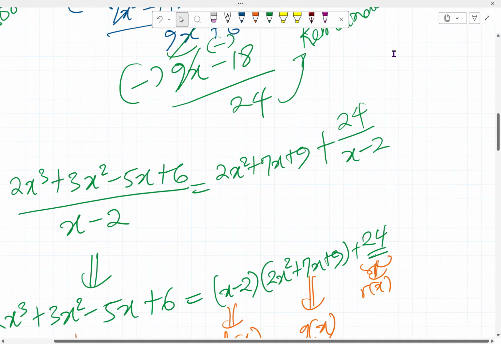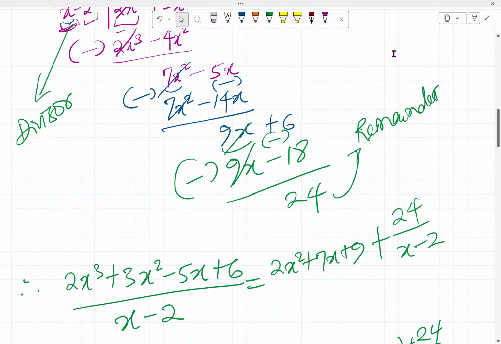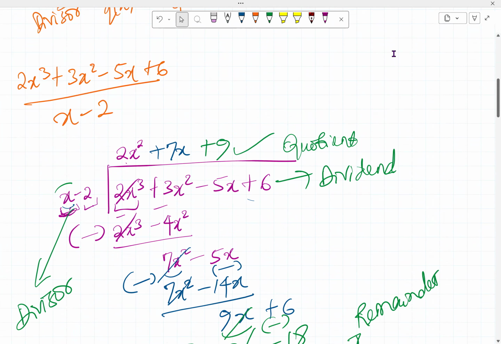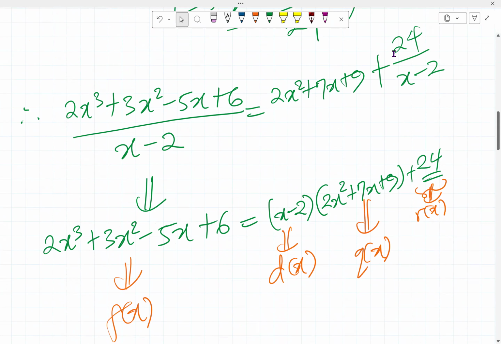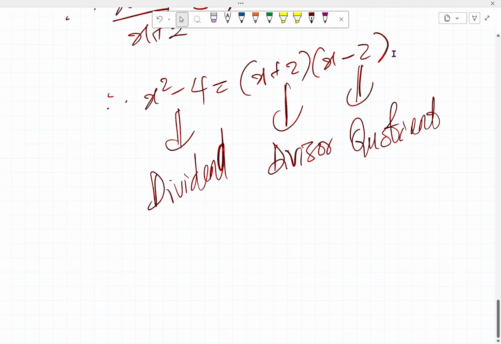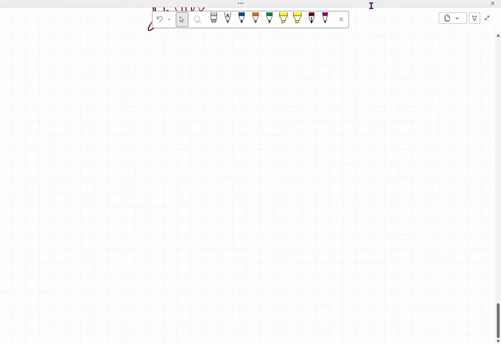For the first one now, changing the marker first of all. So now we have this.